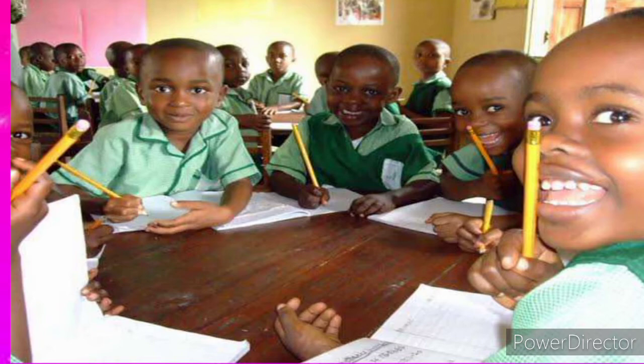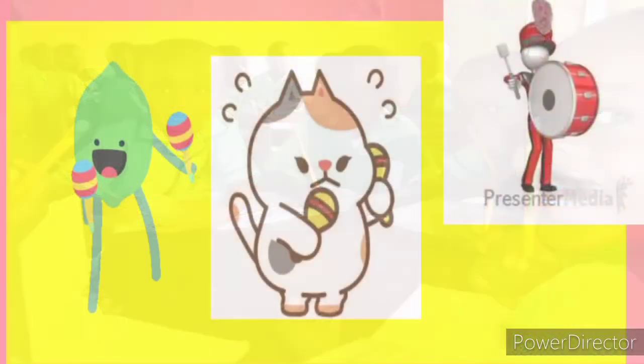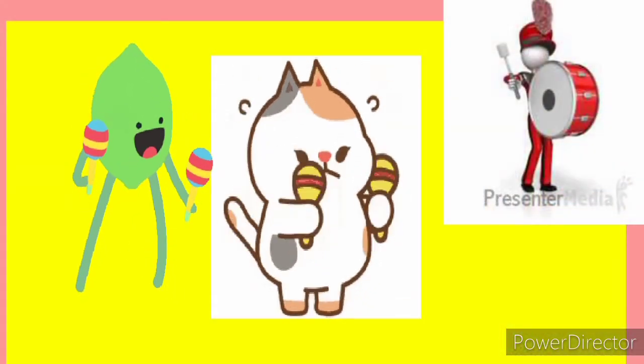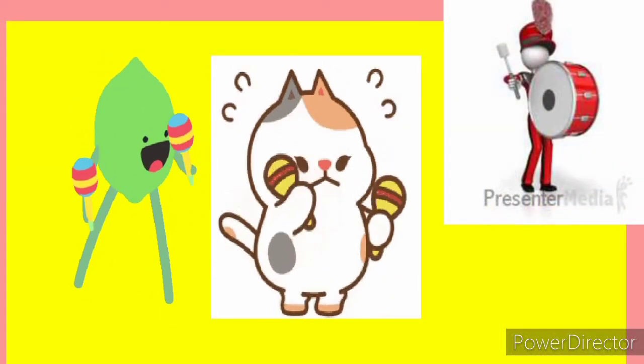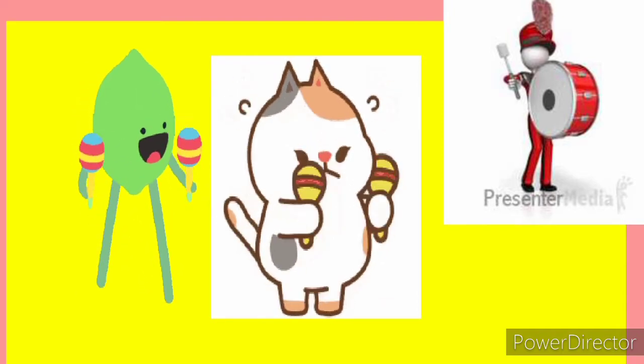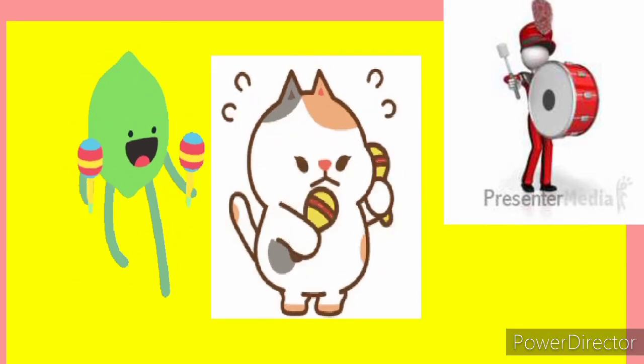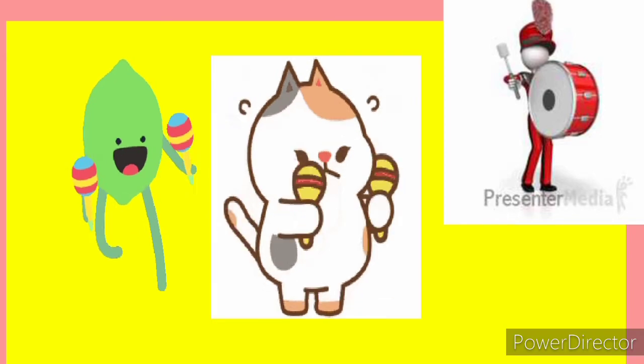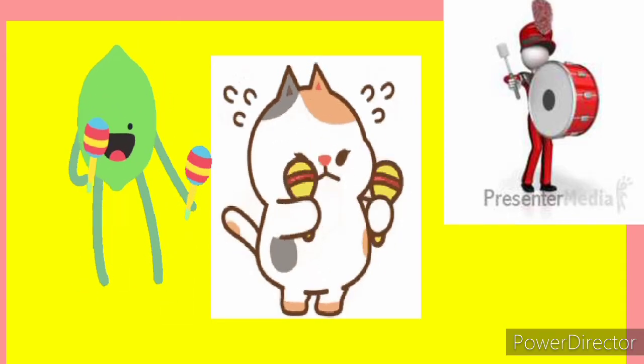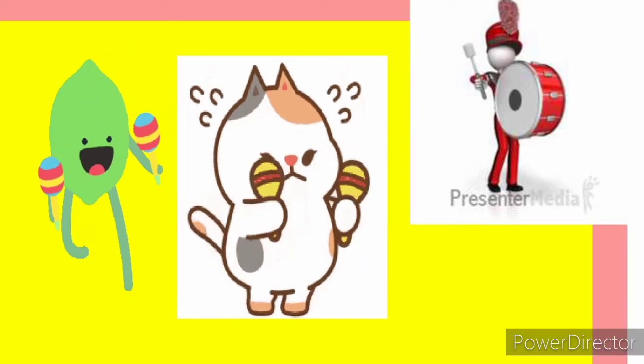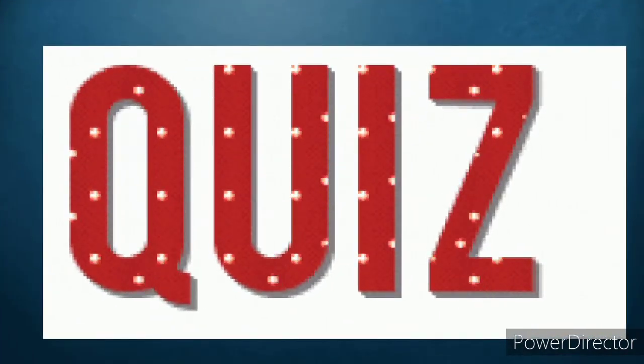So anything and everything can make what? Sound. Oh, you can see this Teddy shaking the maracas, shaking the rattles. All of these can make sounds. Hitting of the drum is also another source of making sounds.